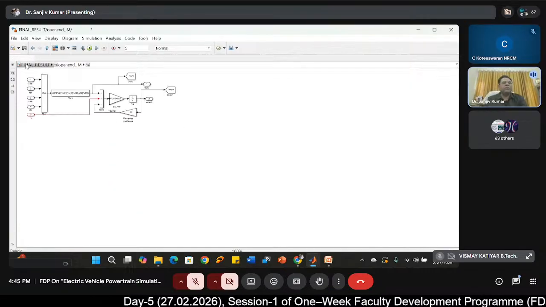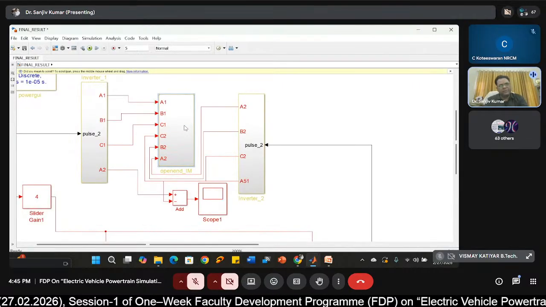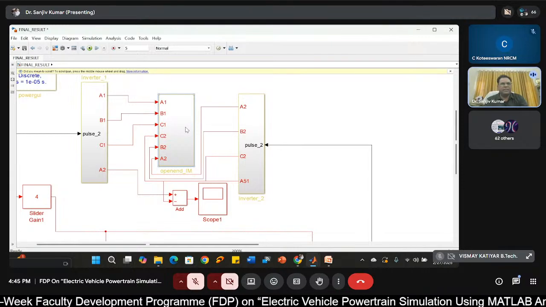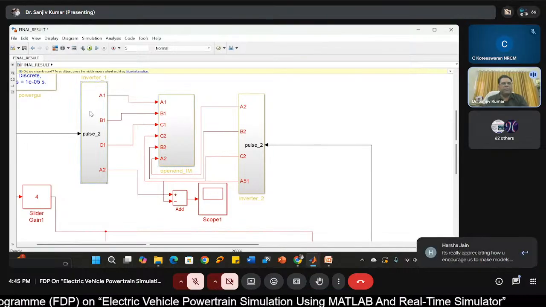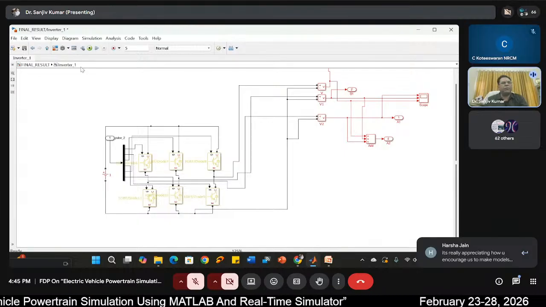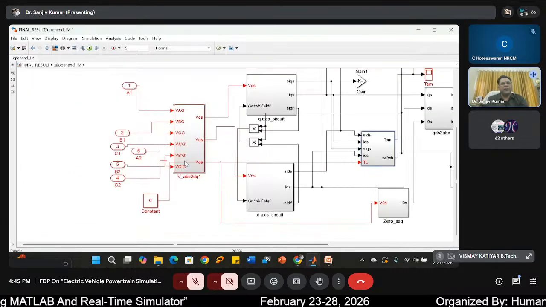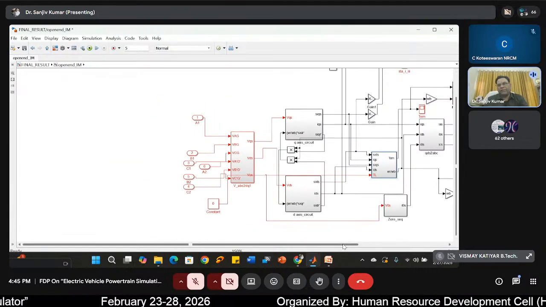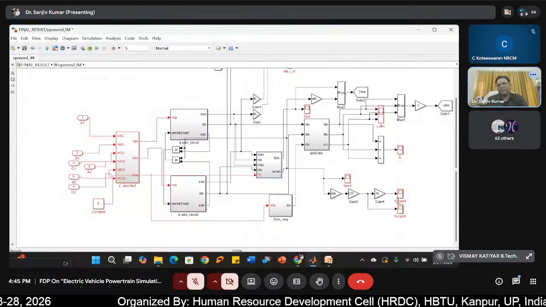I'm not going into the detail of the modeling because it is very simple, no complexity is there. The voltage is coming from here in signal form, the pole voltage, and that is fed to this motor model, and the torque and speed and everything is generated from here.